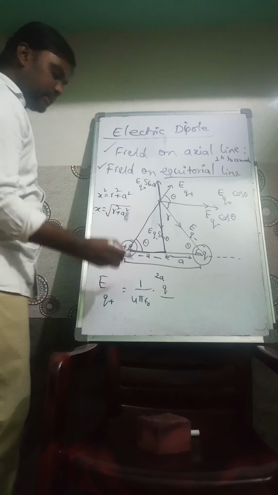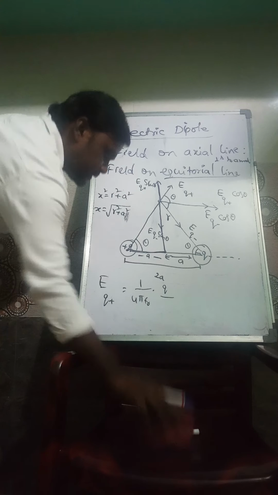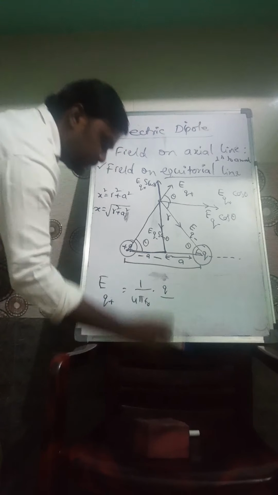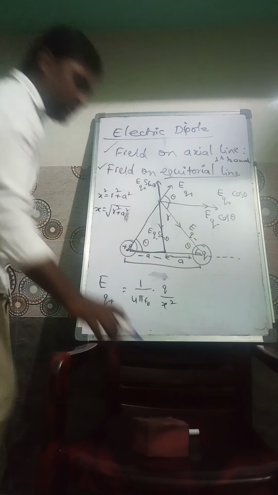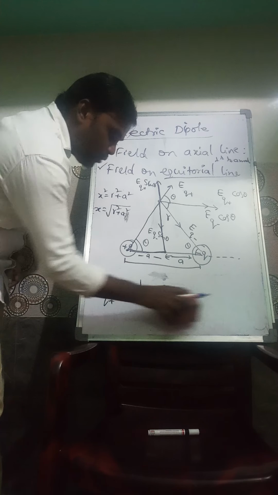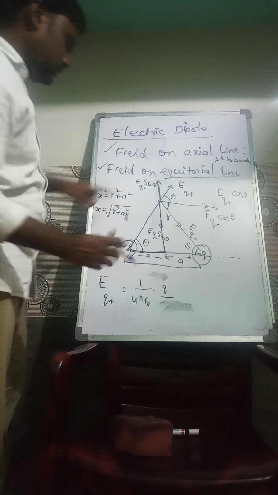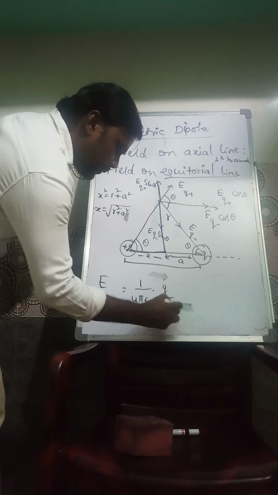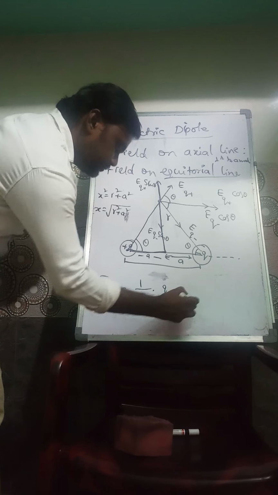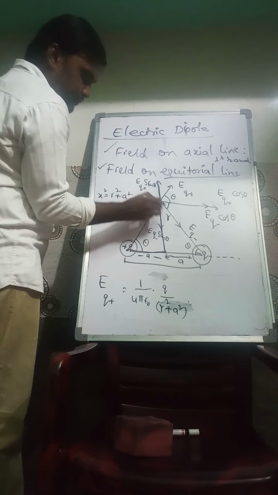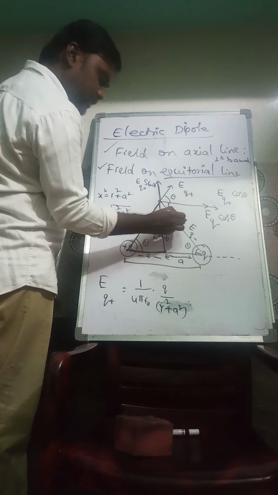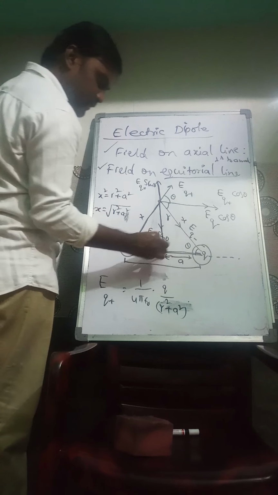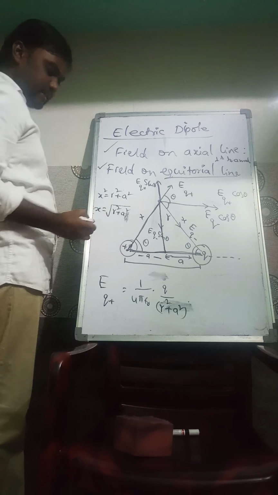In our formula, this is like x square. So in the place of x square, we can write r square plus a square. This is also the same distance, because this is a and this is r, and here it is the same.